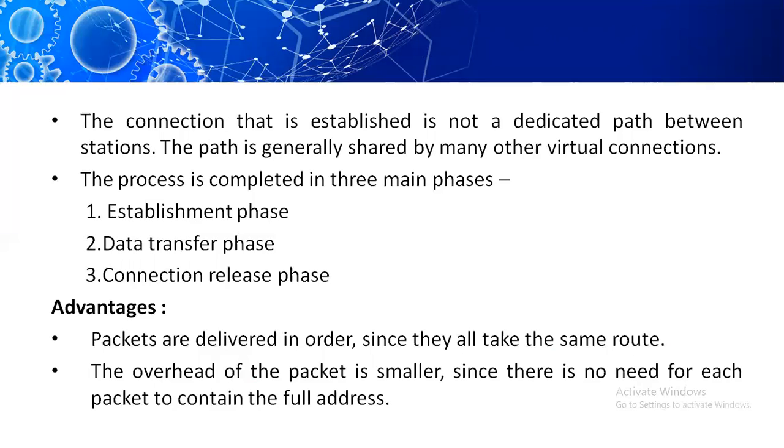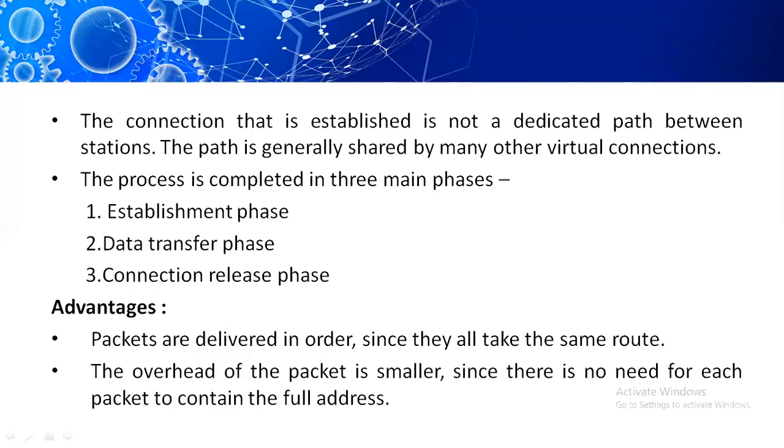During the establishment phase, a logical connection is set up between the two users. After this, the sequence of packetized information is transmitted bidirectionally between the two nodes, the sender and receiver. The information is delivered to the receiver in the same order as transmitted by the sender. So this is the establishment phase.